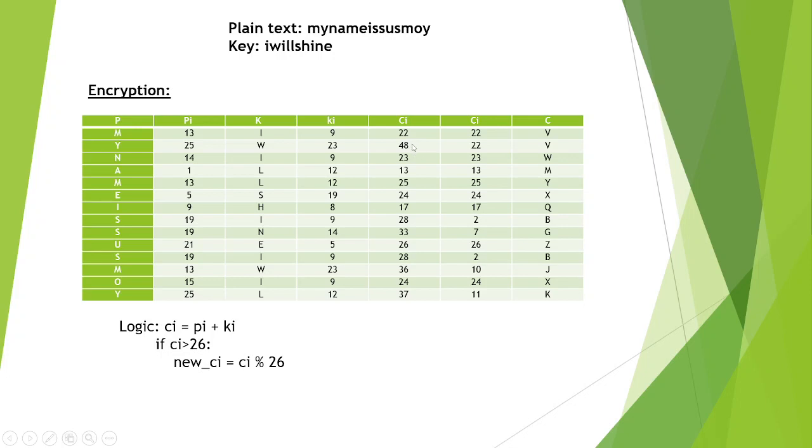If I divide 48 by 26, we get the remainder 22. Then if I divide 28 by 26, we get the modulus of 2. Like this, we get the values. Then after getting the values, you can see all the values are between 1 to 26. So here 22 means V, 22 means V, 23 means W, 13 means M, 25 means Y, 24 means X, 17 means Q.